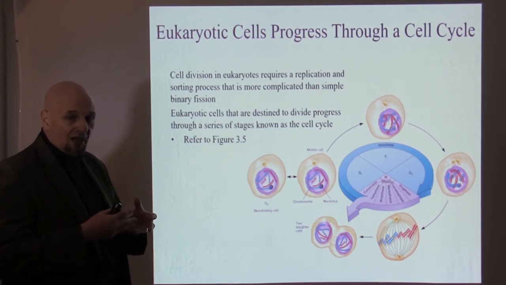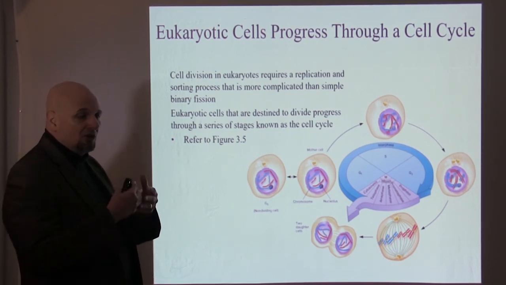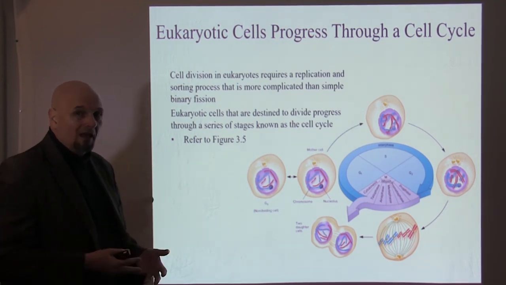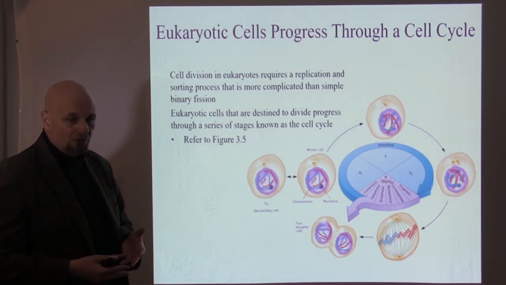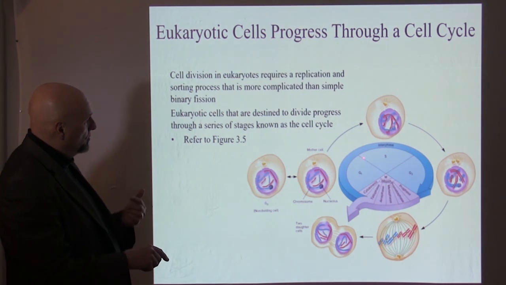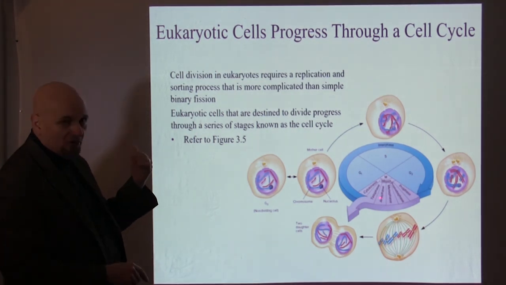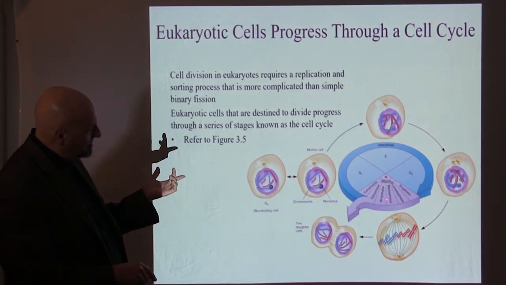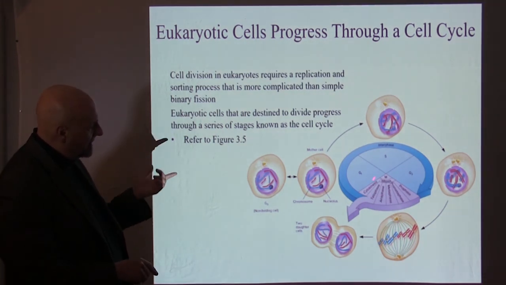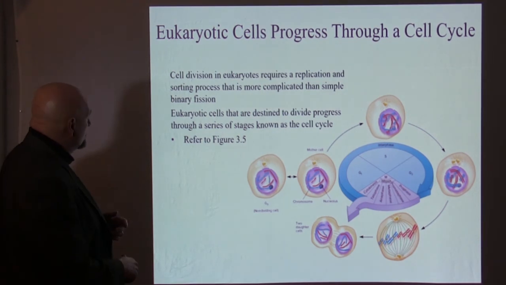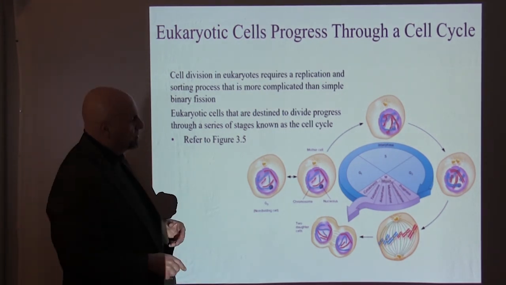In this stage, they have double the amount of DNA, and it's all about preparing for the M phase, where mitosis occurs. So you go G1, S, G2, and then through the stages of mitosis: prophase, prometaphase, metaphase, anaphase, telophase, and then cytokinesis. We're going to go over these in association with mitosis.